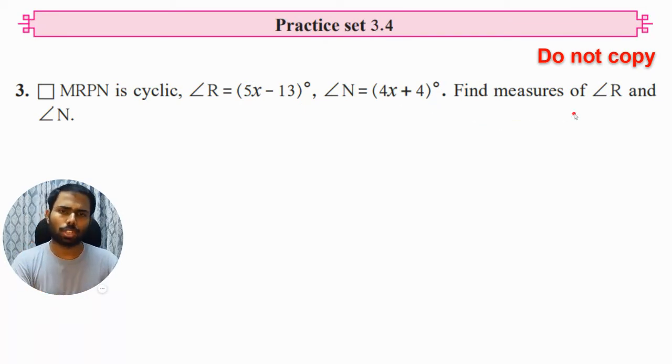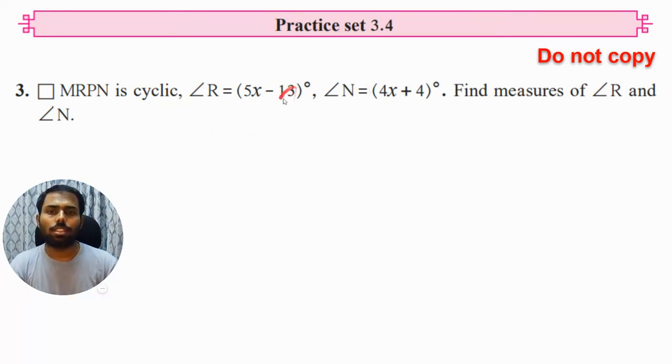Okay, how will you solve this? Just draw a rough diagram first and use the property of cyclic quadrilaterals. Opposite angles will be supplementary, right? And here the opposite angles are R and N. If you draw the rough diagram and name the cyclic quadrilateral as MRPN, you will find that angle R and angle N are opposite angles, and you know that in cyclic quadrilaterals opposite angles are supplementary, that is, adding both gives 180.